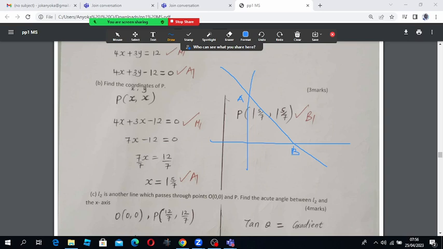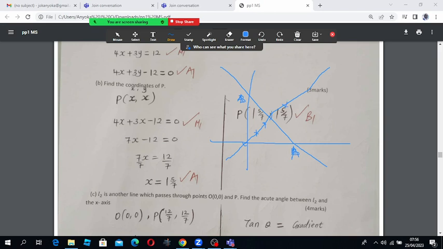I've interchanged; this should be B, and this one A. The line which is equidistant is the line passing through 0,0, 1,1, 2,2, 3,3, 4,4 onwards.